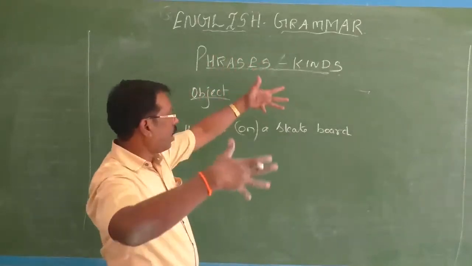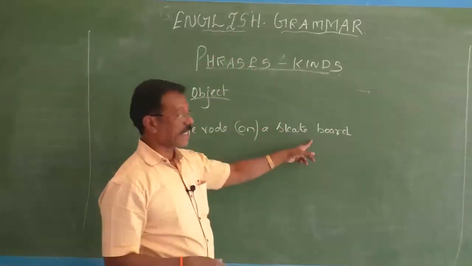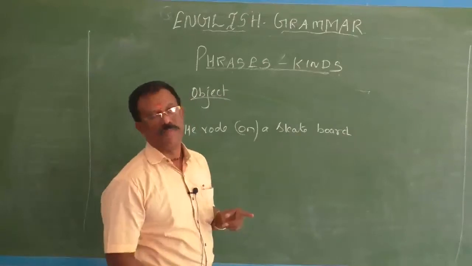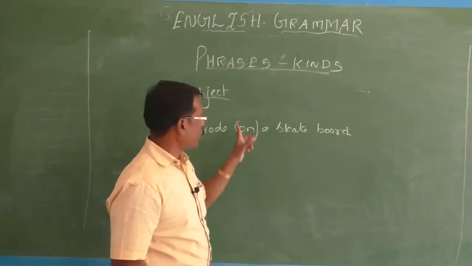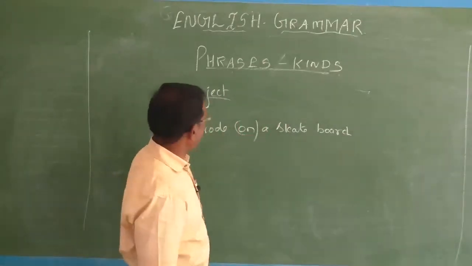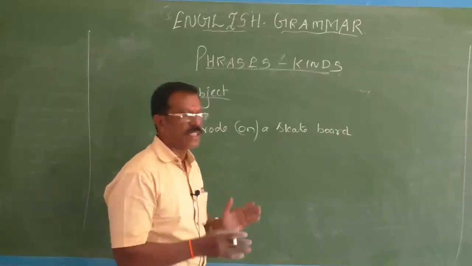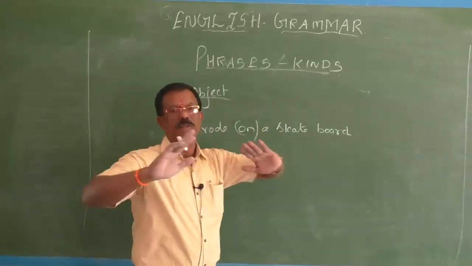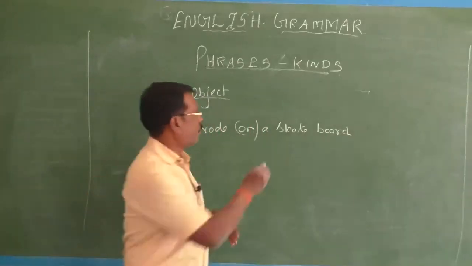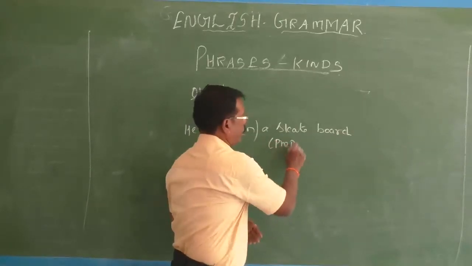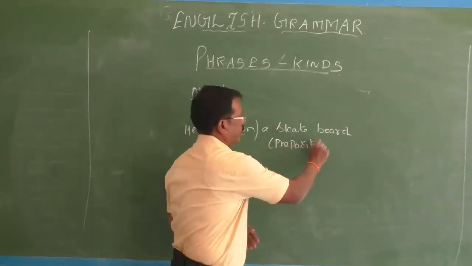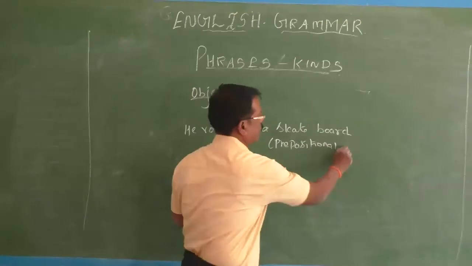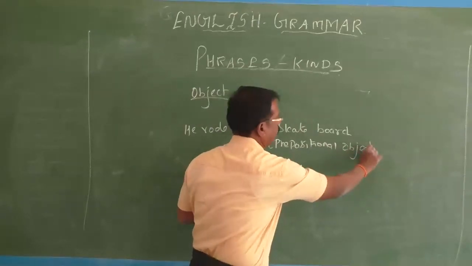He rode on what? A skateboard. So a skateboard is a prepositional object, an object for the preposition on. Therefore, a noun phrase can be used as an object. A noun phrase can be used as a direct object. A noun phrase can be used as a prepositional object.